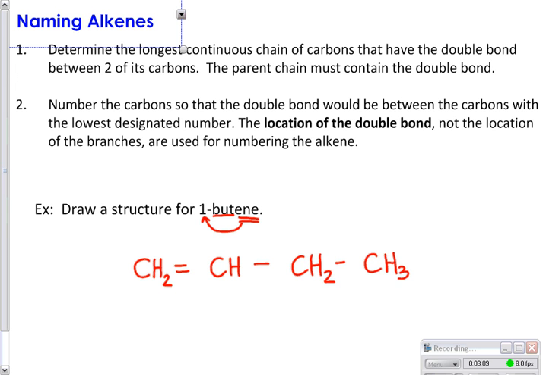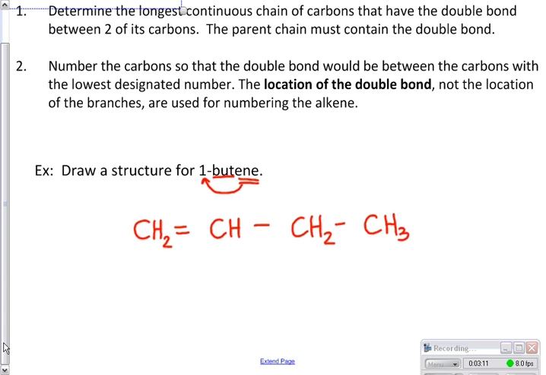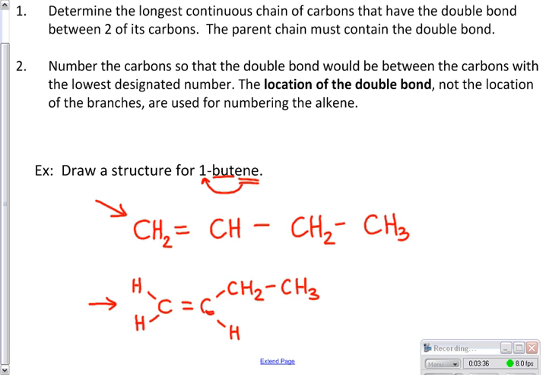If we were to draw that expanded, we need to remember that around a double bond the geometry is trigonal planar. So in real life, if you were to draw this molecule, you would get a shape something like this. This is really what it looks like, but we can draw a condensed formula up at top. So that's 1-butene.